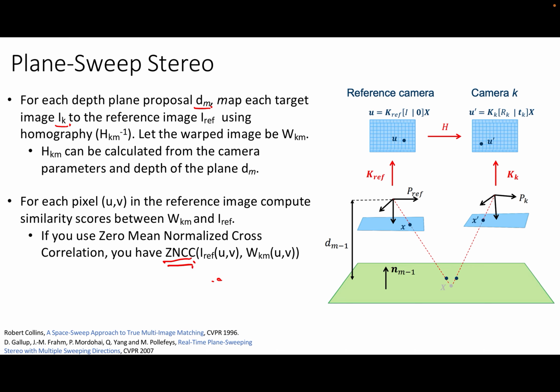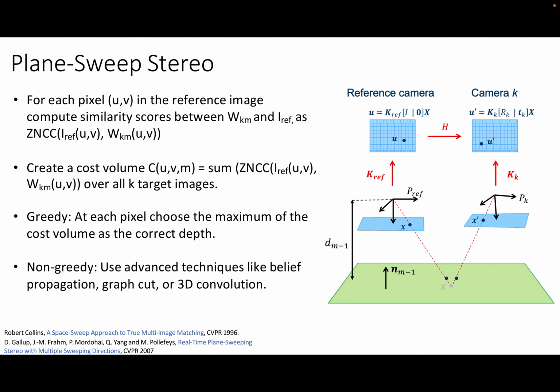We lift the neighbor images to 3D space and then reproject them to the reference image. That is exactly the same as applying this homography transformation, H_km inverse, and then we compute similarity using ZNCC. And for each pixel (u, v) in the reference image, compute the similarity score between W_km and I_ref.